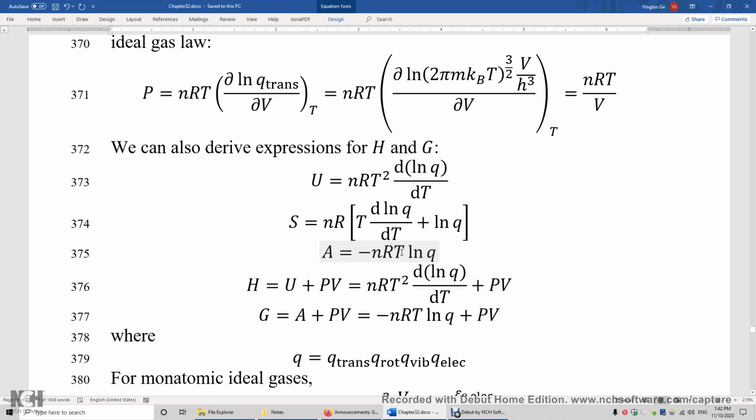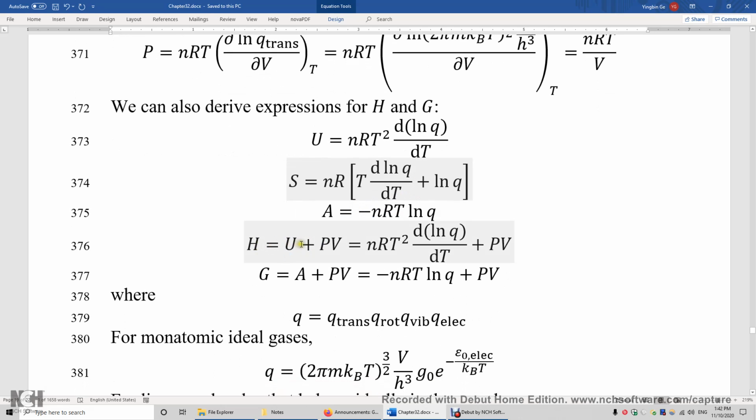It's just that for ideal gases, it's easier to compute the translational, rotational, vibrational, and electronic partition functions. You can use these three expressions for liquids, solids, and real gases. It's just more difficult to obtain the expression for Q.